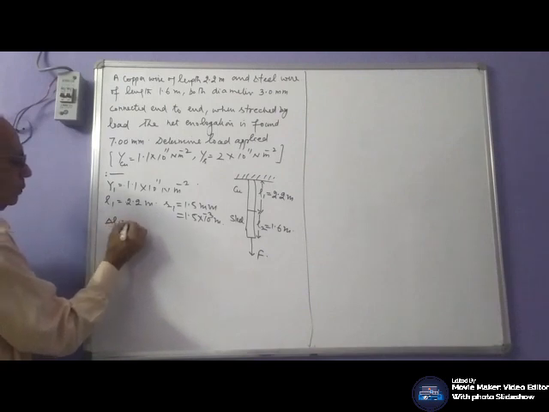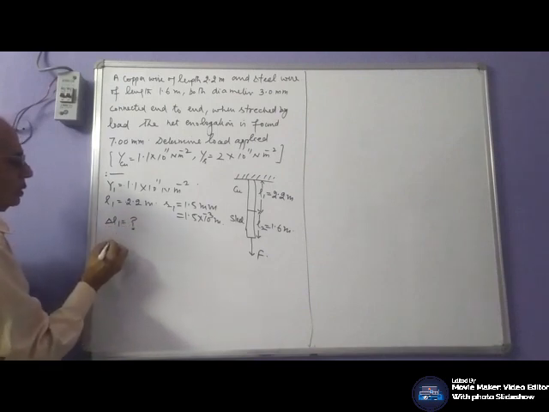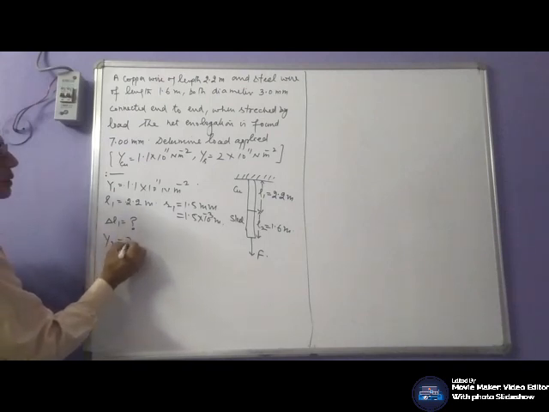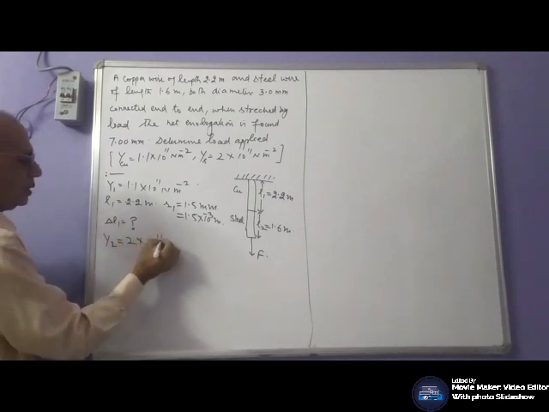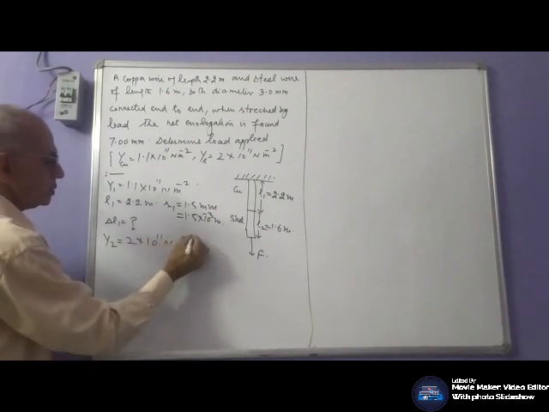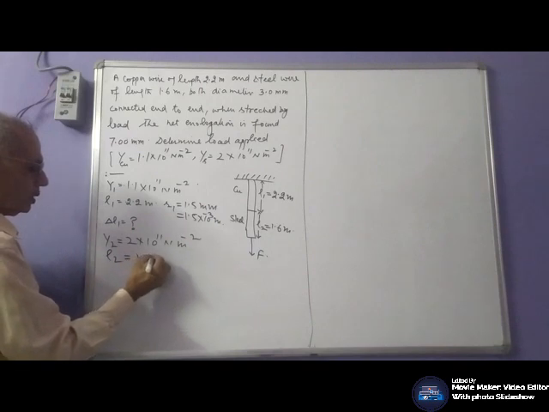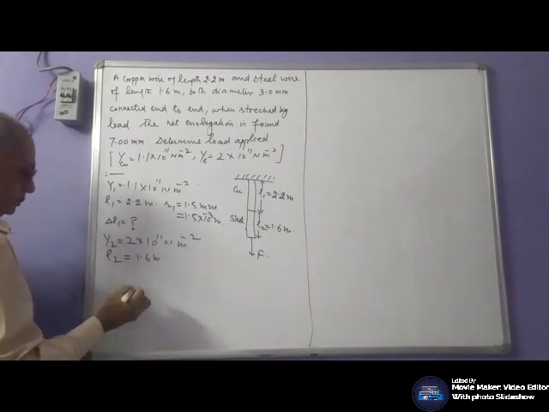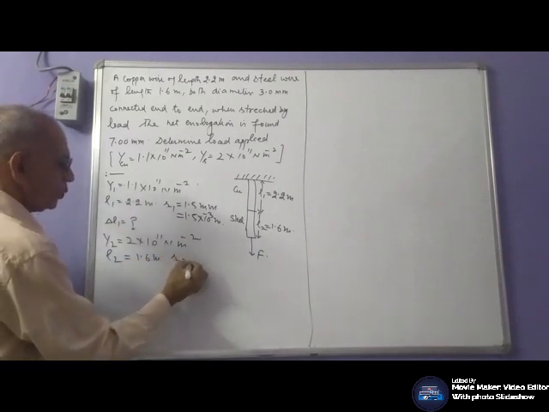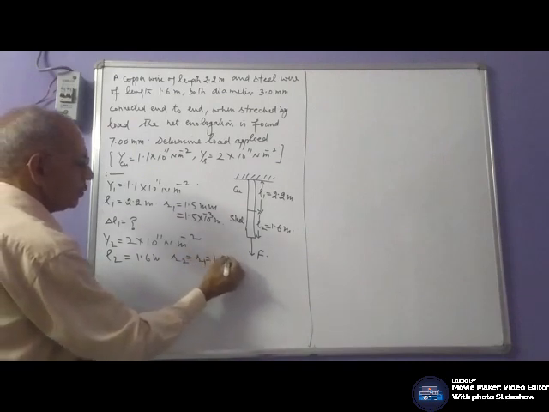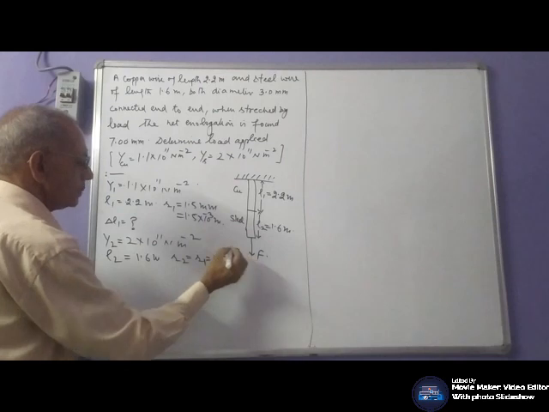Delta L1 is not given. Y2 for steel is 10 × 10^11 Newton per meter square. L2 is 1.6 meter. R2 is same as R1, it is 1.5 × 10^-3.